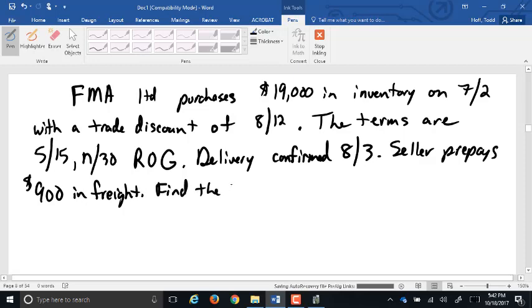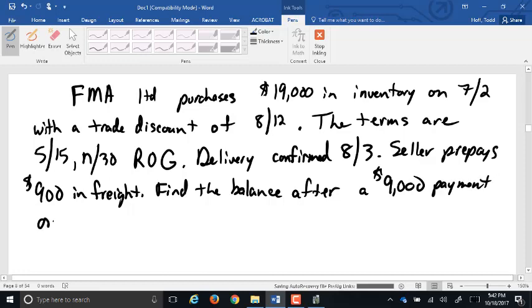Find the balance after a $9,000 payment on 8/17. I'll give you a few minutes to try that.